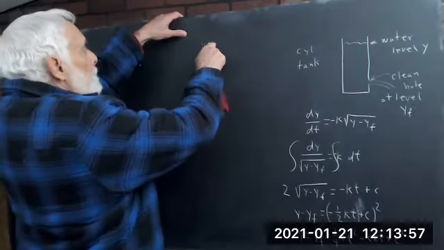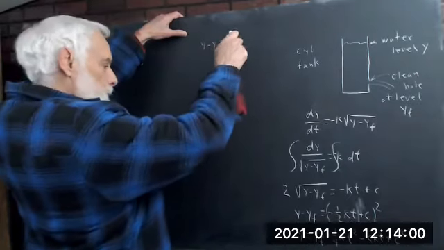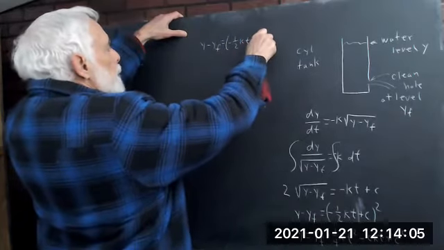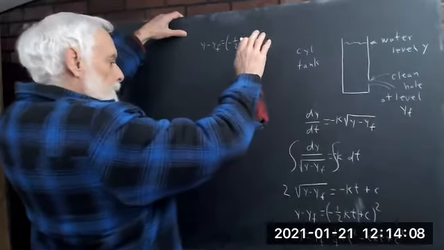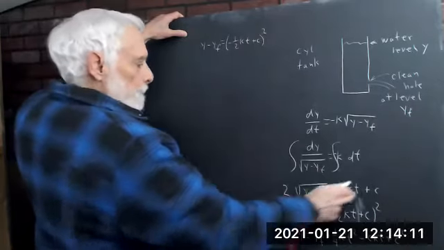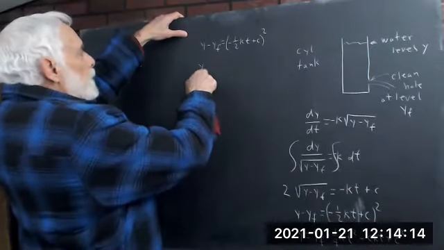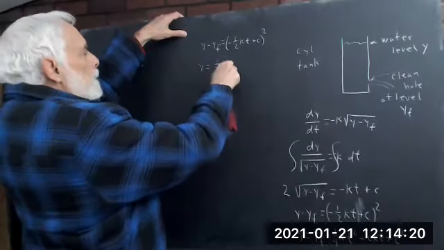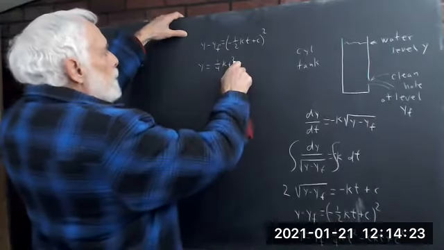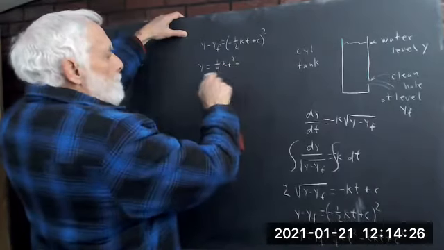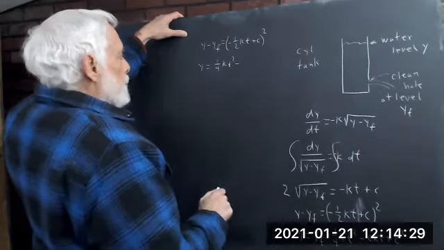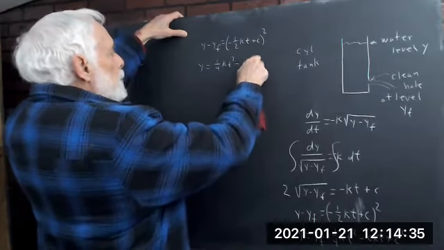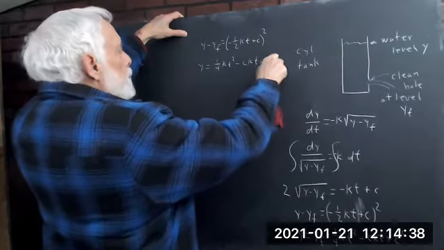So you get y minus y_f equals negative 1/2 kt plus your integration constant, squared. So that y equals 1/4 kt squared minus c kt plus c squared plus y_f.